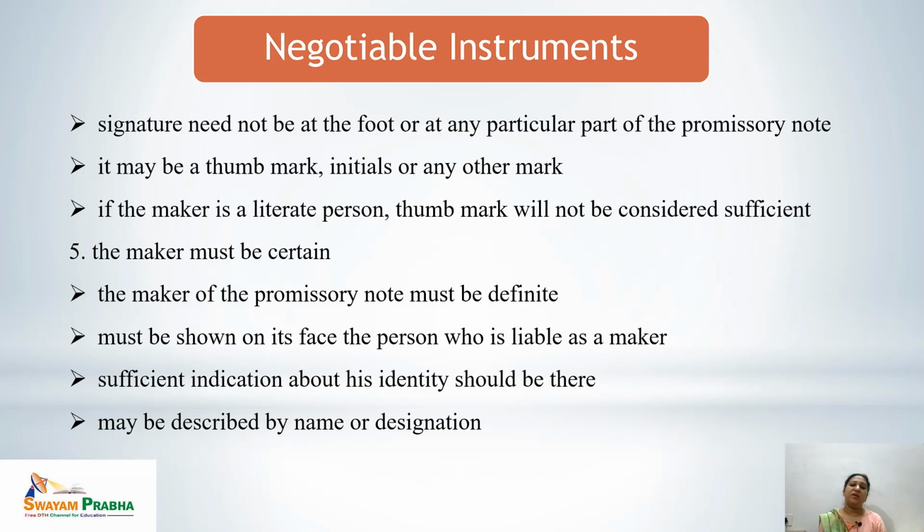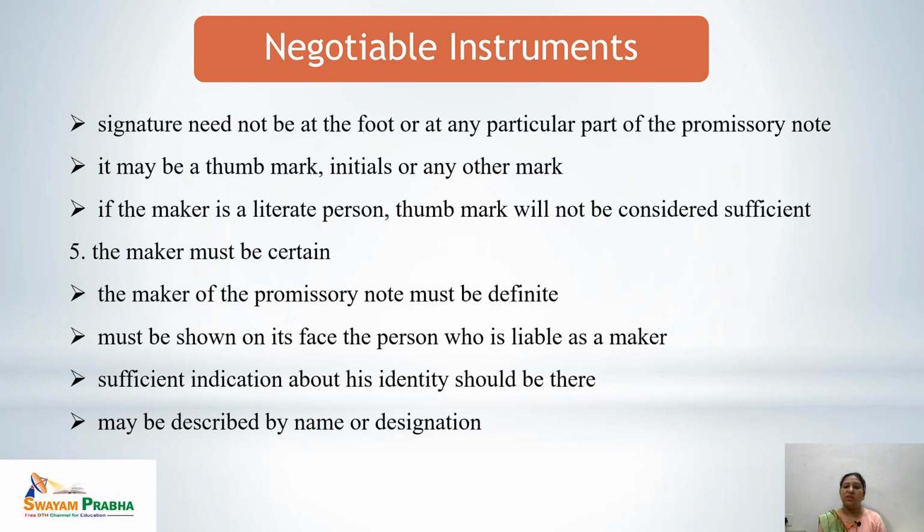Next, the maker must be certain. The maker of the promissory note must be the definite person who has made it. There must be some identity of the person which should be known to the other parties. It must be shown on its face. The person who is liable as a maker, meaning the person who is going to make the payment in future, must be shown on the face of the promissory note. Sufficient indication about his identity should be there.